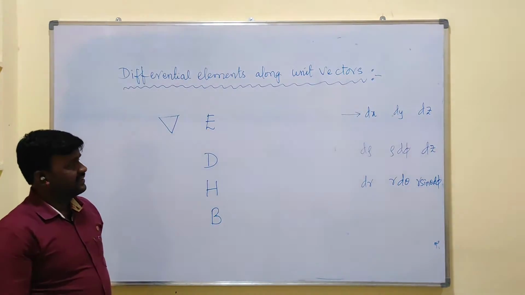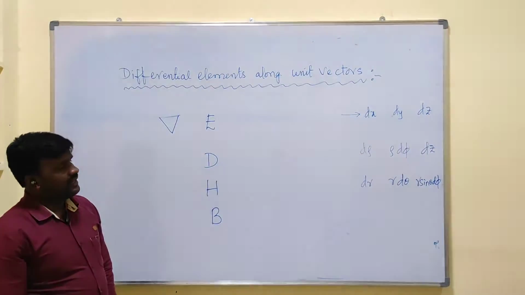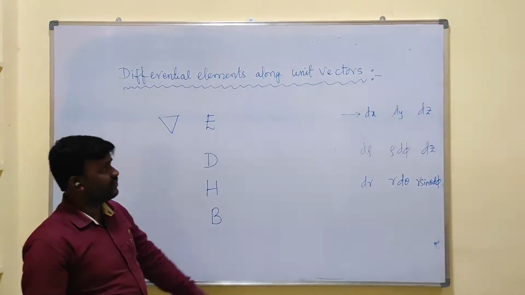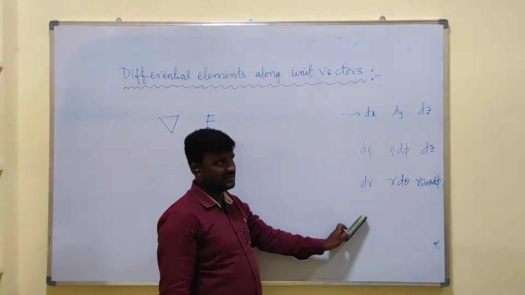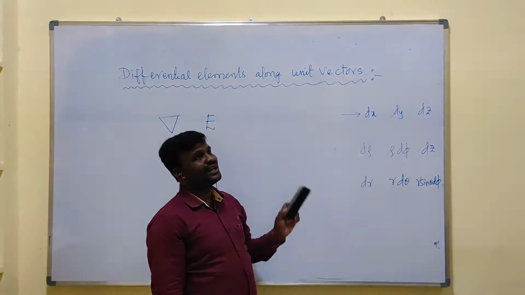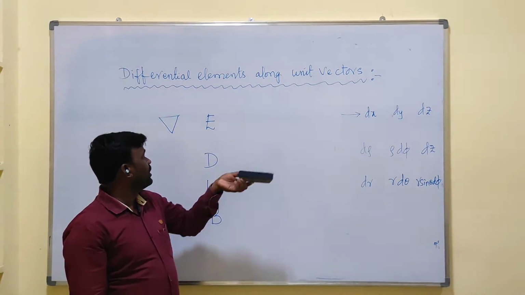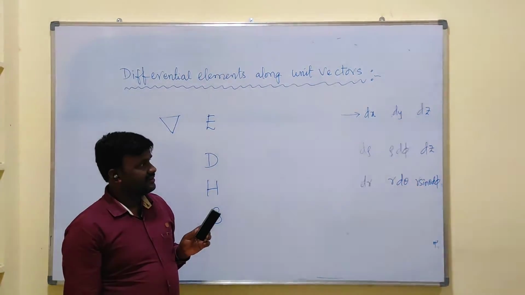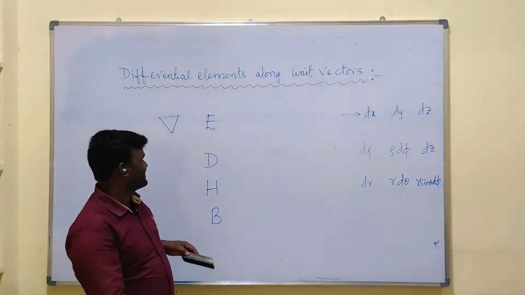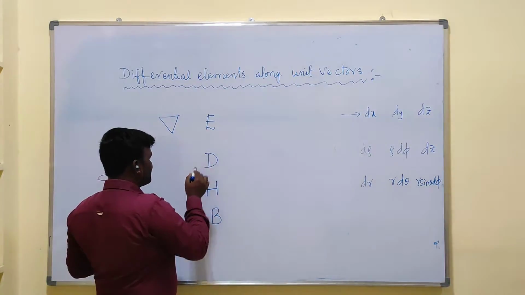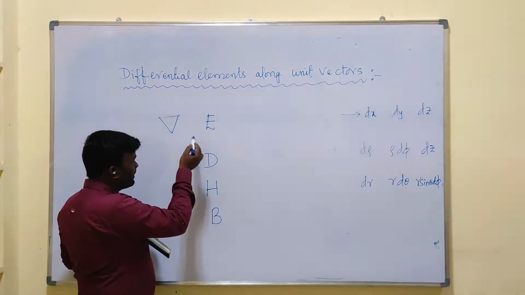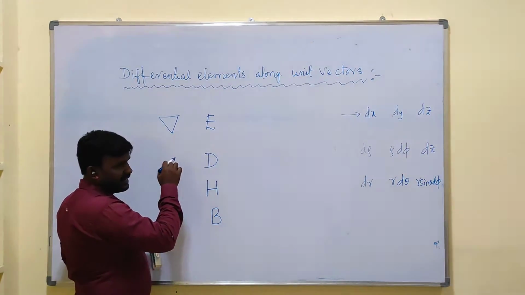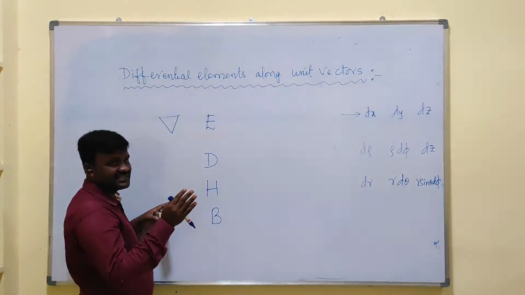What I said, in order to derive divergence, curl, gradient in different coordinate systems, we require the knowledge of these things. Why do we need to know about the divergence, curl, gradient formulas? To analyze our fields. Del can be applied as gradient, divergence, curl.